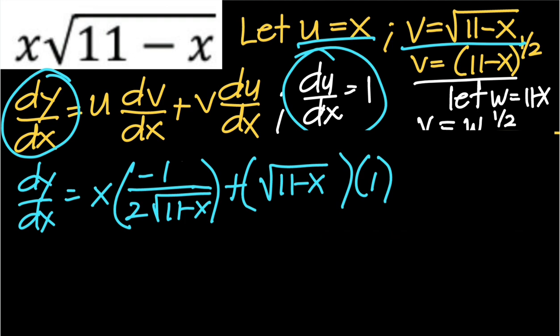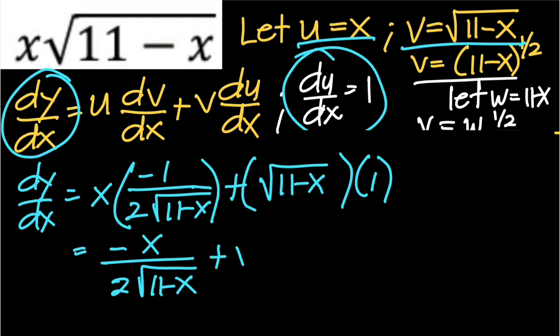So this is just equal to x times negative 1 over 2 square root of 11 minus x, which is just negative x over 2 square root of 11 minus x, plus square root of 11 minus x. Then we add them up.